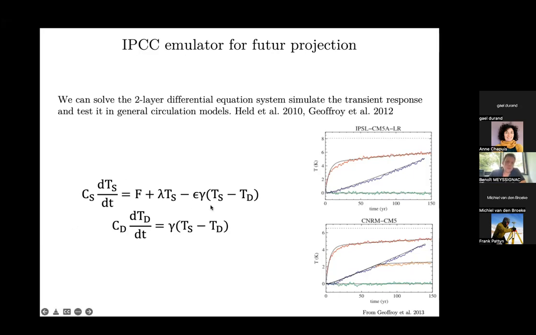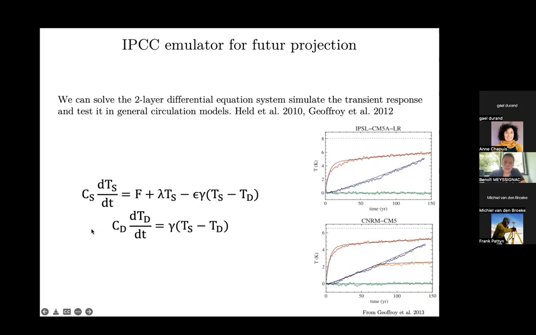It is the energy budget of the mixed layer that you see in the first line, with the heat capacity of the mixed layer, the surface temperature of the Earth, and you see that it depends on the forcing, the radiative response of the Earth, which is lambda TS, and the heat uptake in the deep ocean, which is TS minus TD.